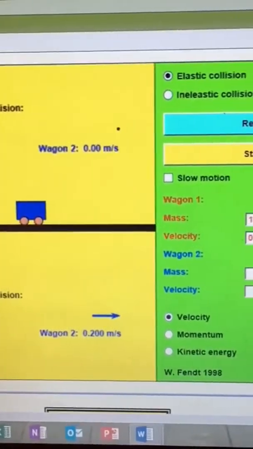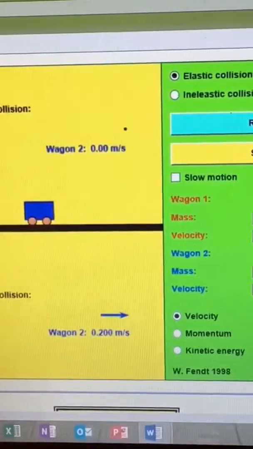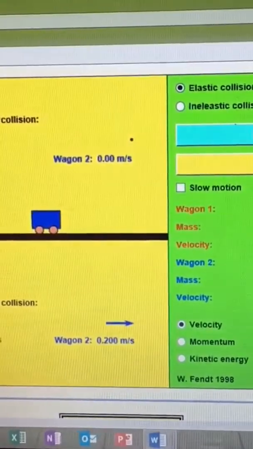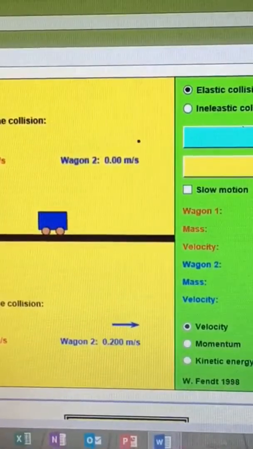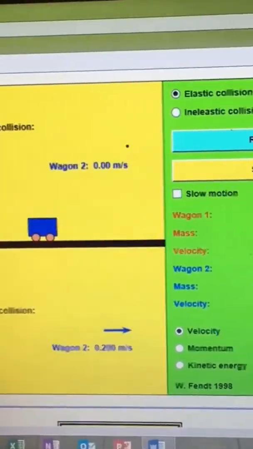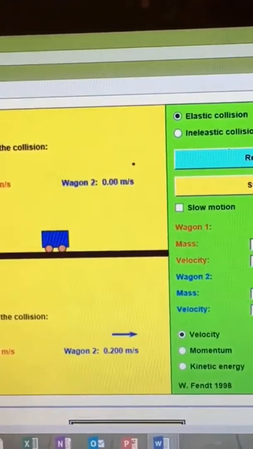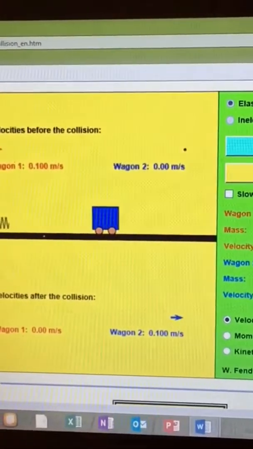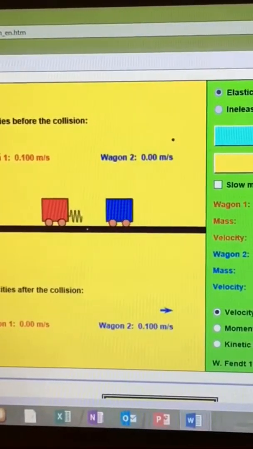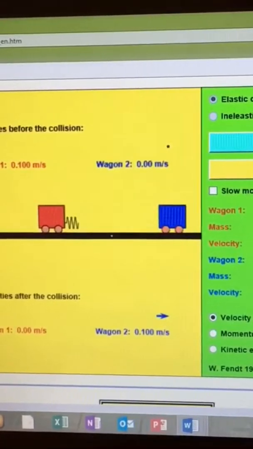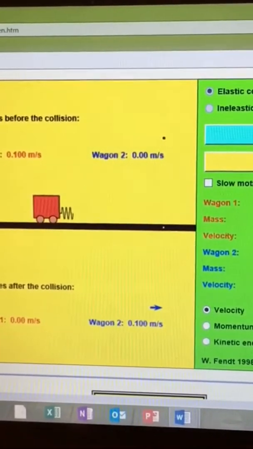For the blue cart, we will set the mass to 1.0 kilograms, and its initial velocity will be 0.0 meters per second. Once we hit start, we will watch both carts collide, and you will see that the blue cart will move and the red cart will stand still.